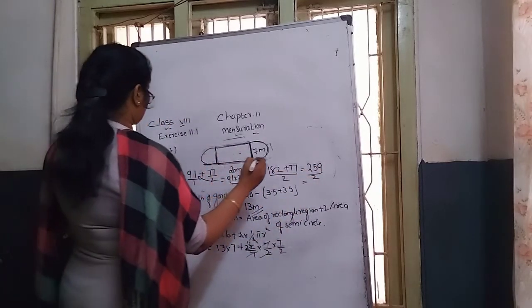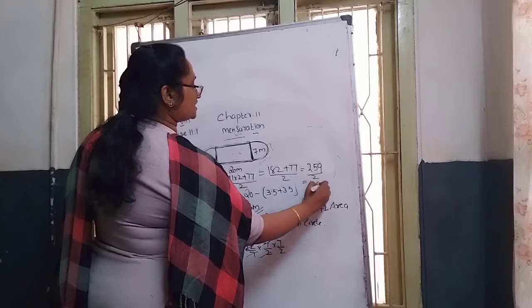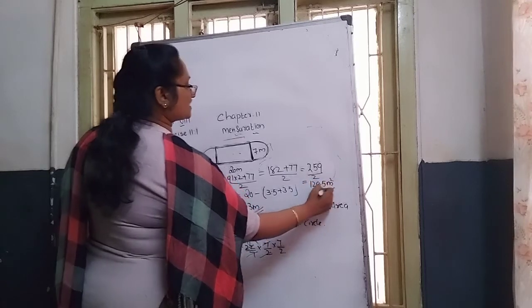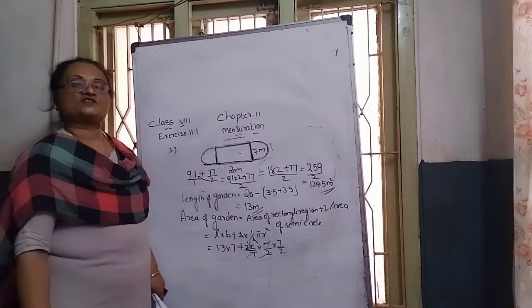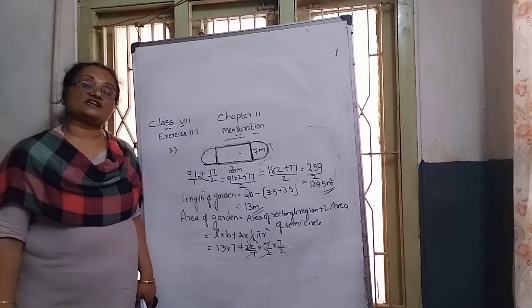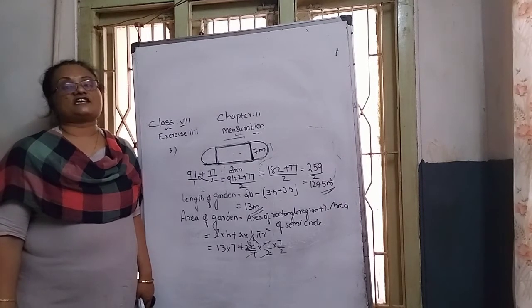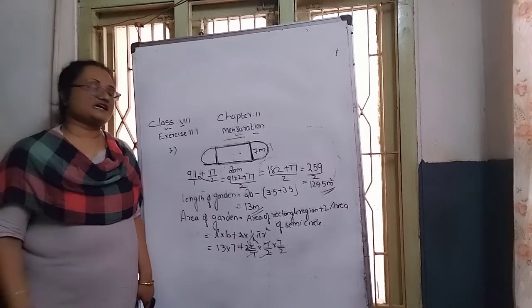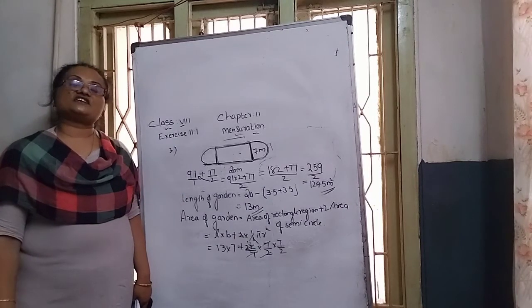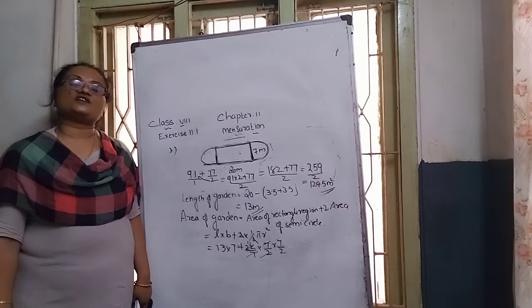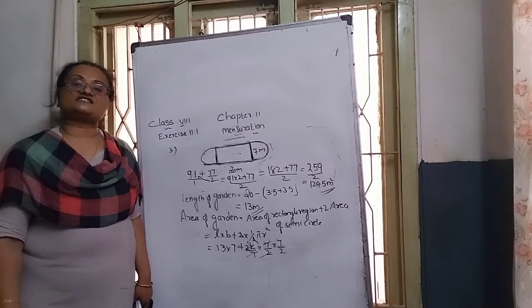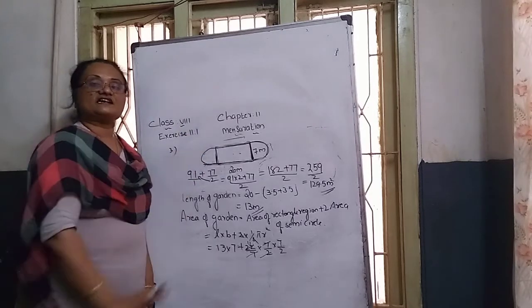Dividing, it comes to 129.5 square meters, the area of this garden. The question asks us to find the area of the garden, and the area is 129.5 square meters for this entire garden.